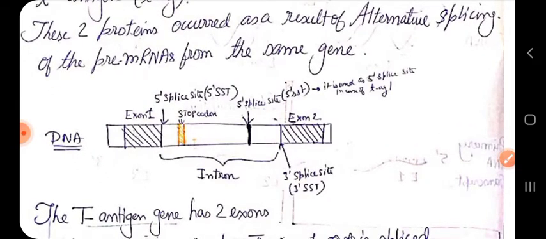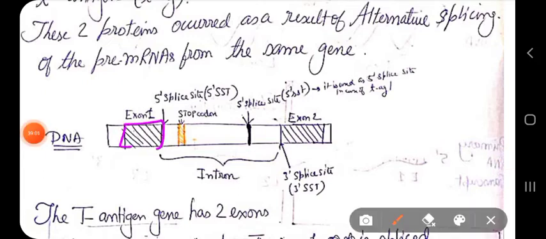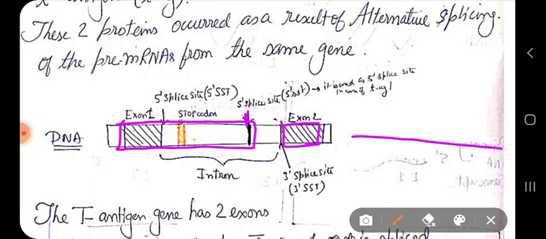So in two alternative ways, this t antigen of the SV40 virus is being produced. In one case, we see the two exons are joined to make a large T antigen gene. In another way, we see that this is used as a 5' splice site. So this one and this one are joined to make an mRNA which will code for small t antigen.